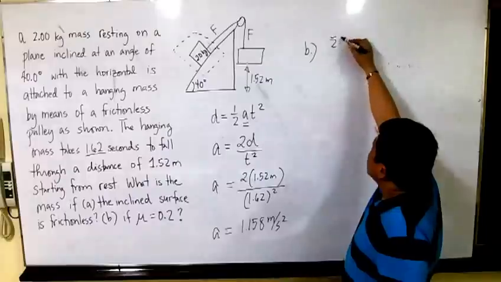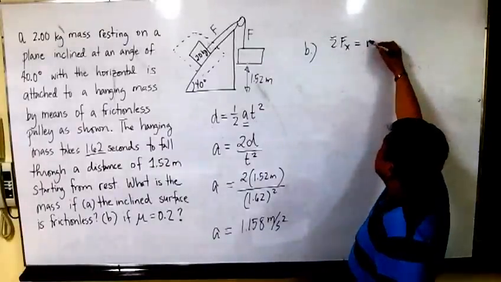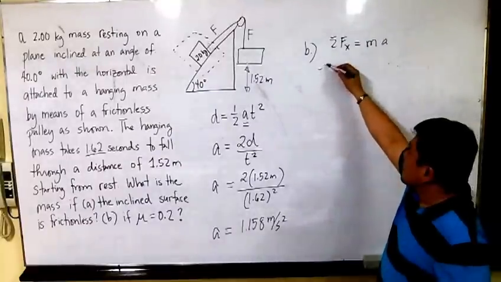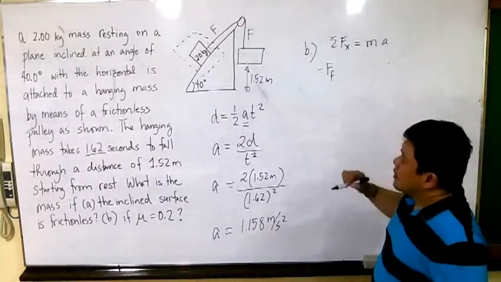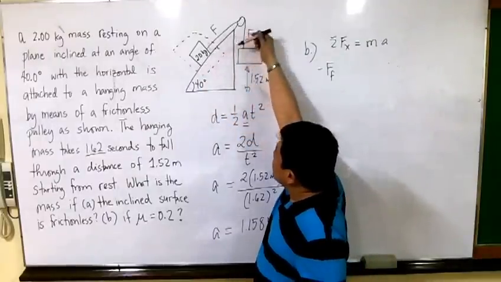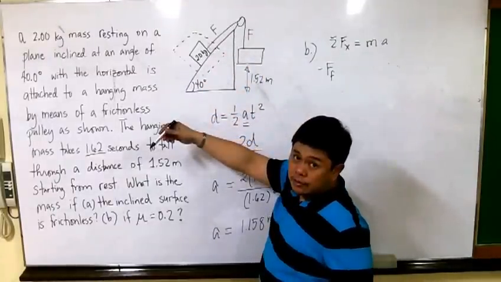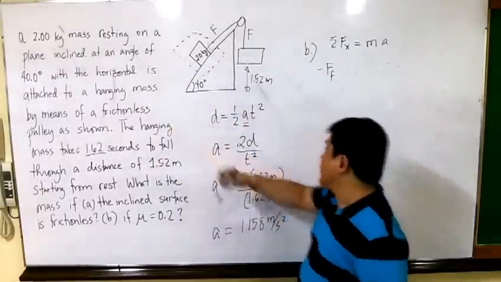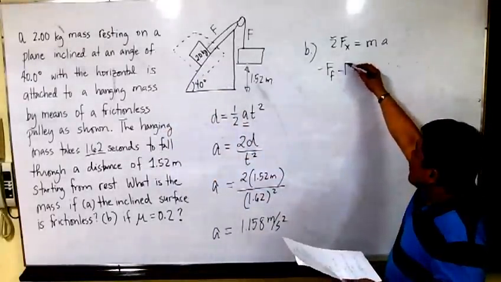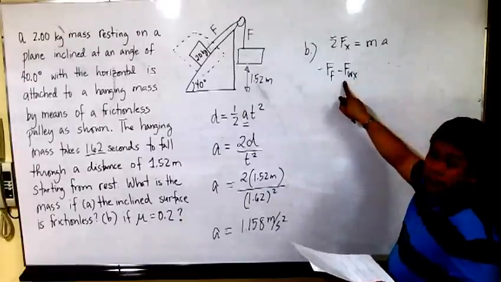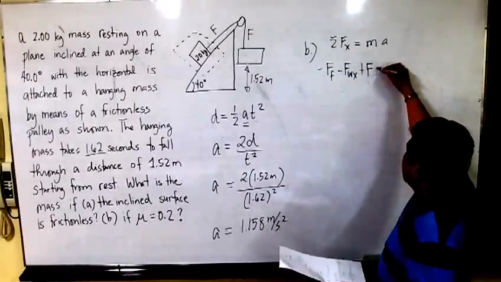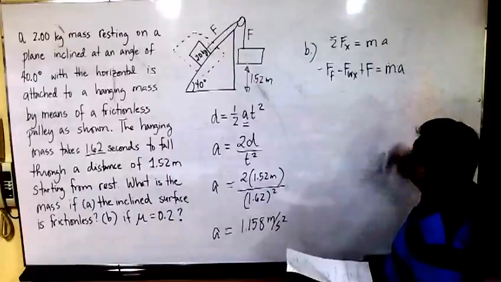So the sum of forces along the x is still m times a. This time around, you have negative f sub f. Since this block of wood is moving upward, frictional force should move downward towards the left. So negative f sub f minus Fwx. This one is always negative. Plus F is equal to ma.